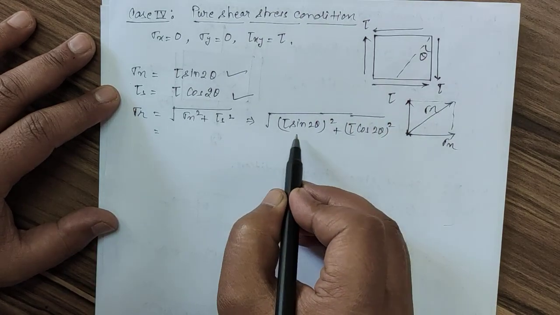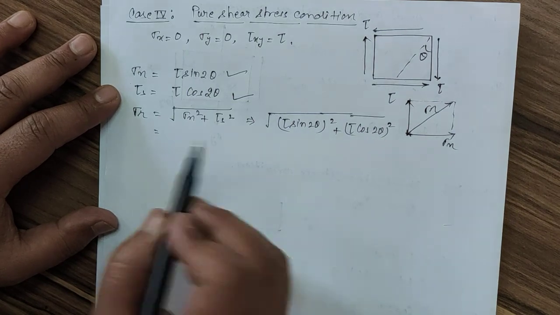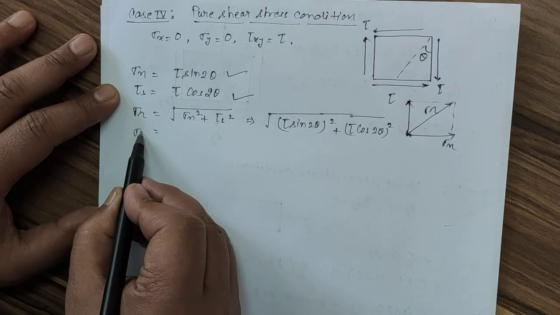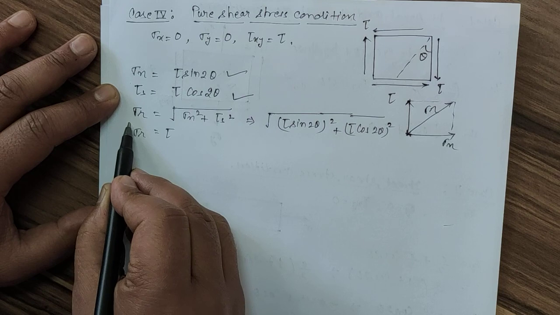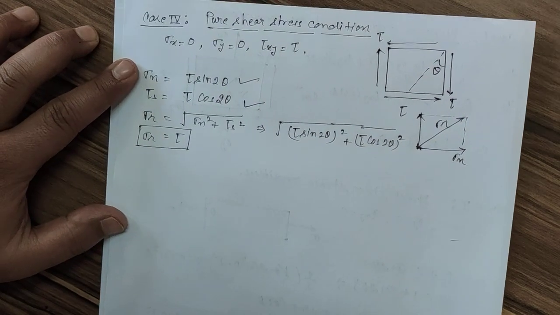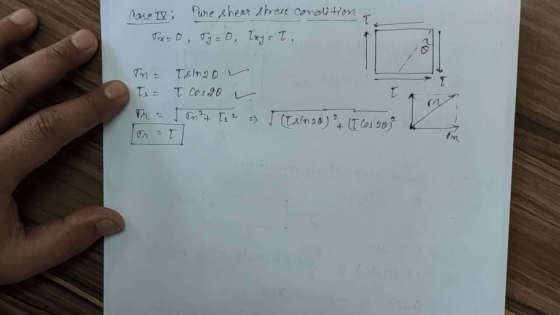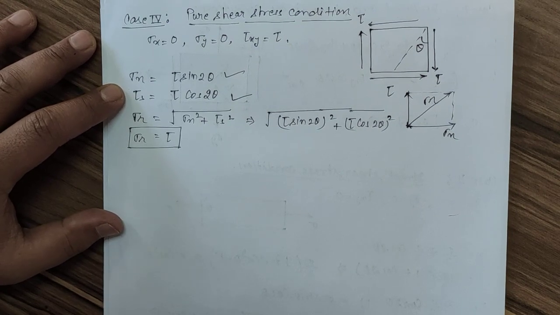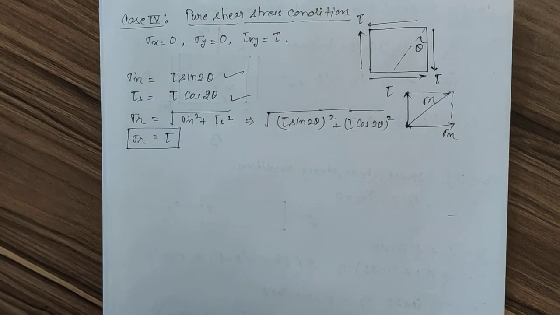From here we get sin square 2 theta plus cos square 2 theta equal to 1, and sigma r will be equal to tau. So the resultant stress is equal to tau, normal stress is tau sin 2 theta, and shear stress is tau cos 2 theta. These are the special cases which we have derived from the generalized case.